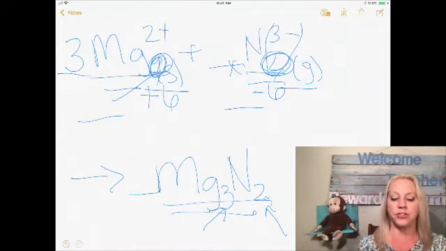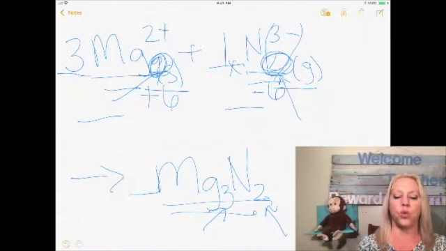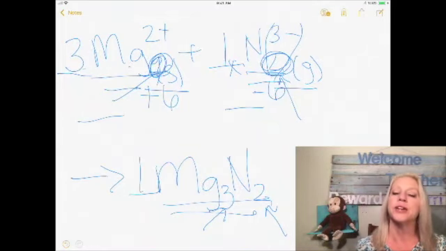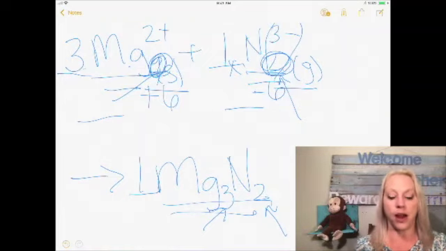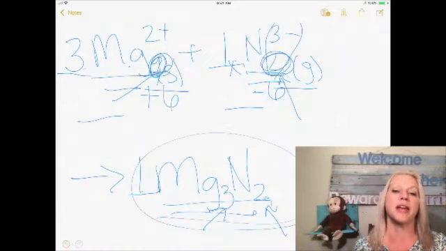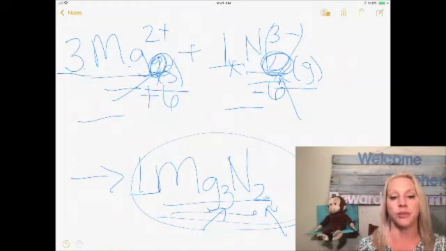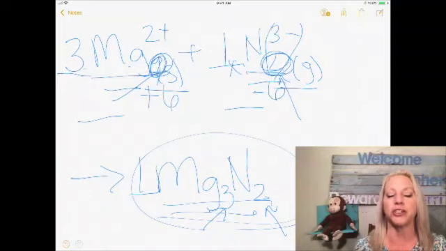Over here, I have 2 nitrogens and I have 2 nitrogens, so I only need 1 here. So again, in order to determine the product, I need to determine the charges of the nonmetal and the metal first. After I've created the equation, I can go back and change the number of moles of each product.